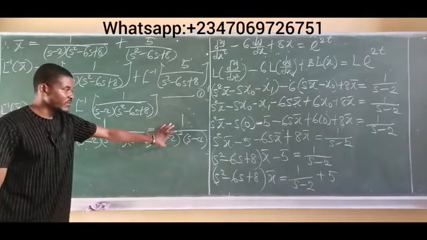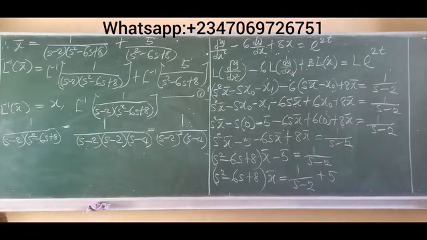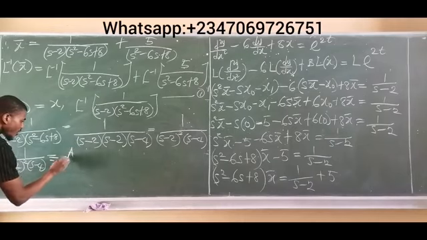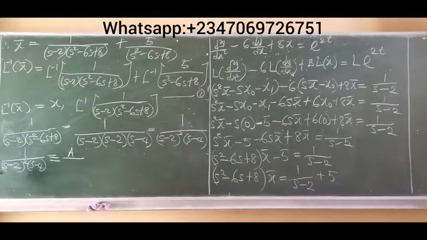So let's now use partial fraction to analyze this. I have 1 all over x minus 2 all squared times x minus 4. This is equivalent to, by partial fraction, when I see x minus 2 squared, it simply means a repeated linear factor as the denominator.